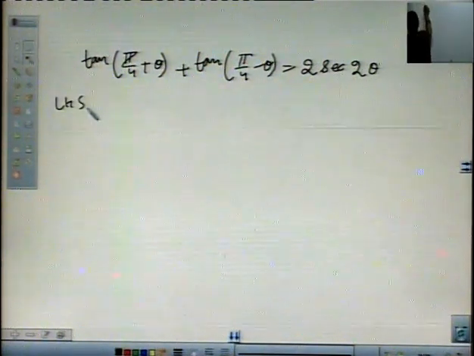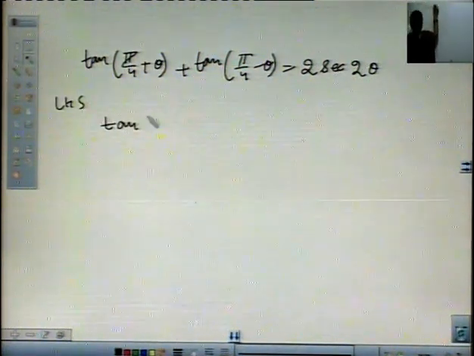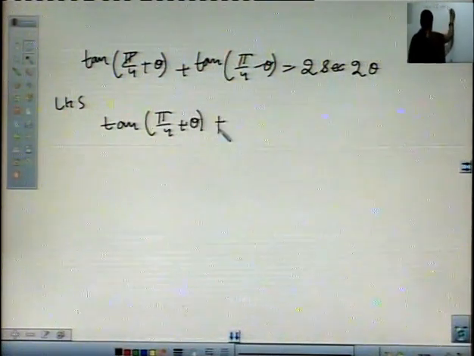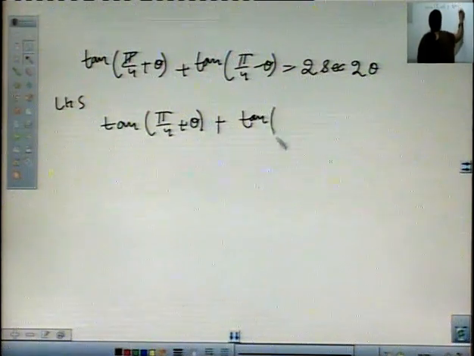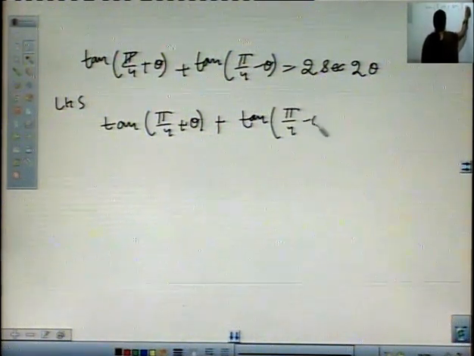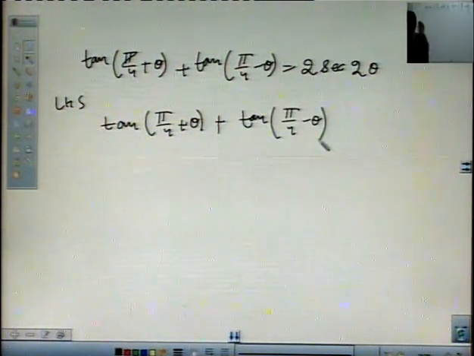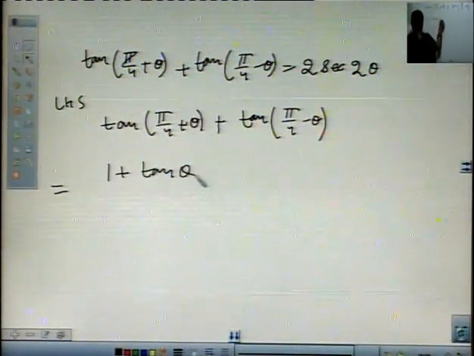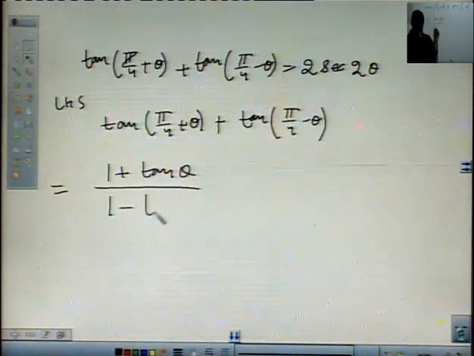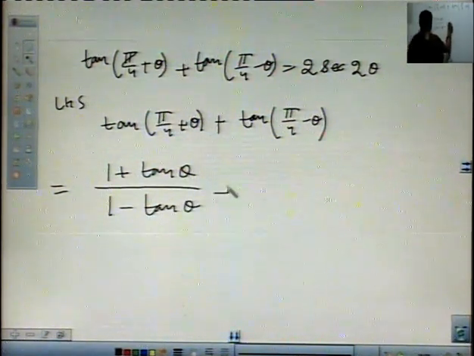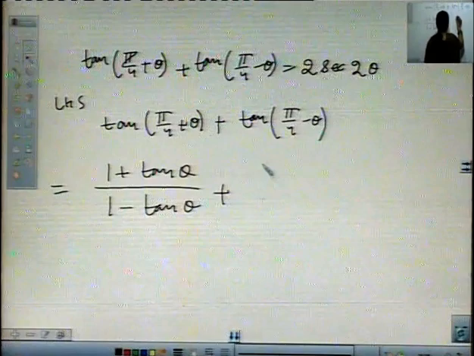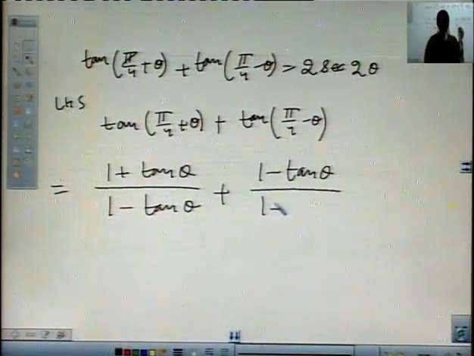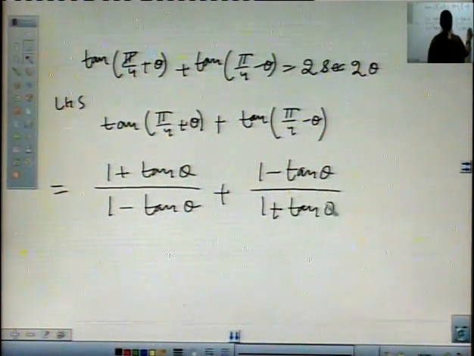Now the left hand side, tangent of pi by 4 plus theta plus tangent of pi by 4 minus theta, will be equal to 1 plus tan theta upon 1 minus tan theta plus 1 minus tan theta upon 1 plus tan theta.